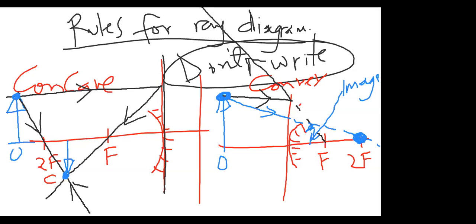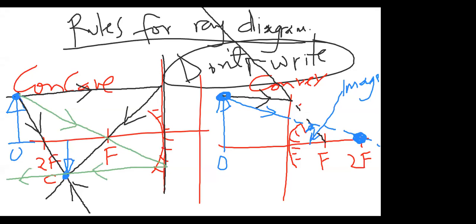Maybe the last one is this. The last rule is this, that a ray of light which is passing through F, like this, that ray is opposite to these ones here. In other words, if it is passing through F, then it is reflected as a ray which is parallel to the principal axis, like that.